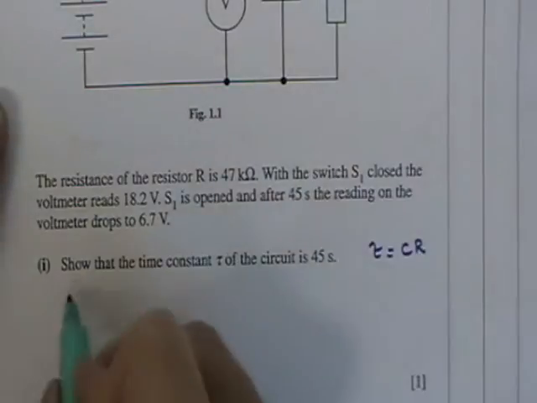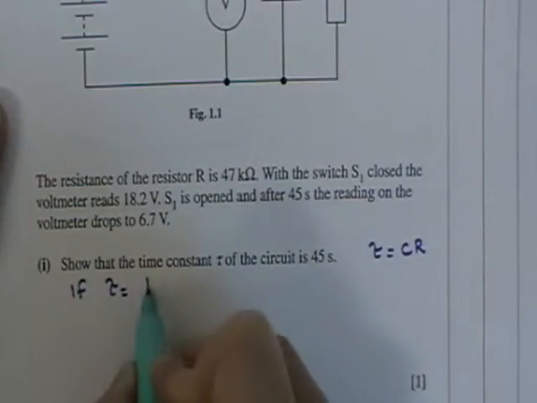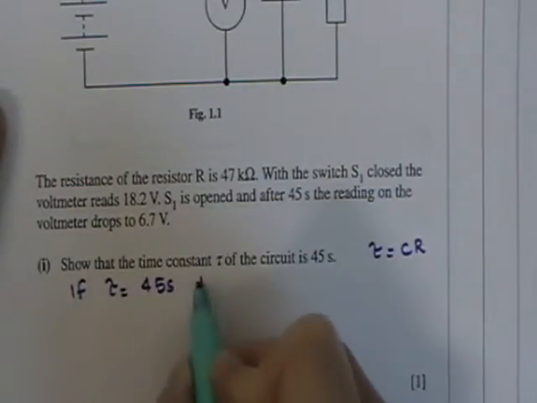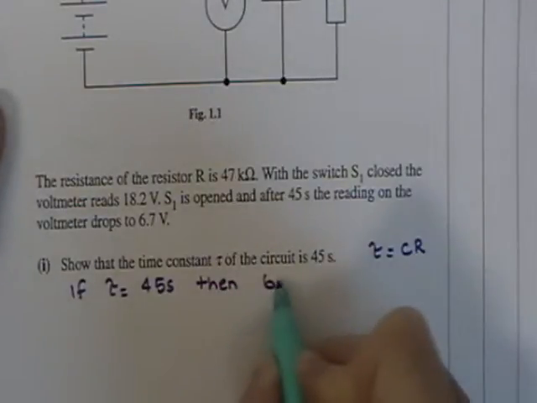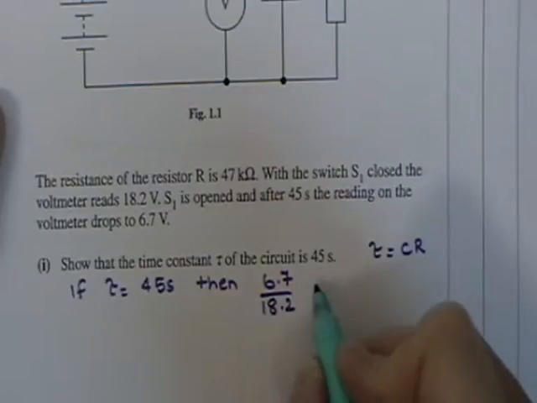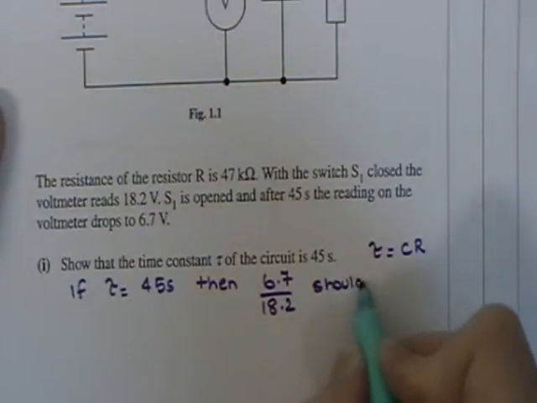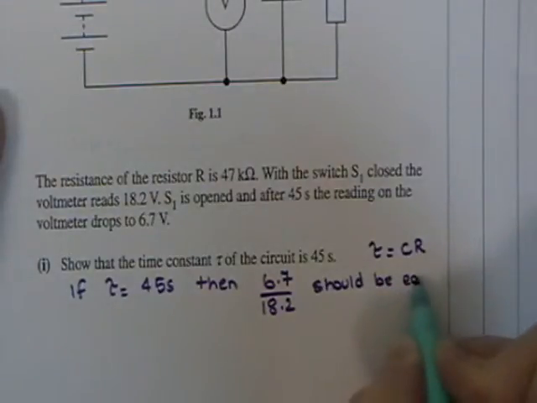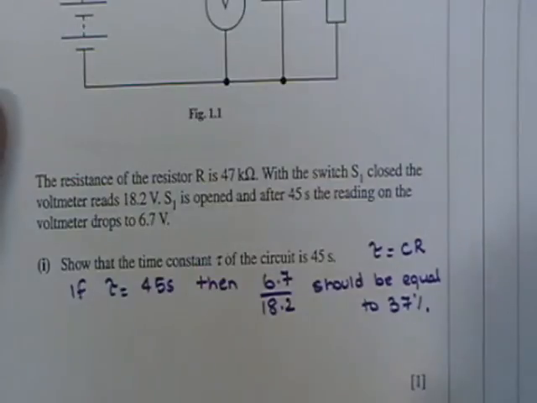If tau equals 45 seconds, then 6.7 over 18.2 should be equal to 37%.